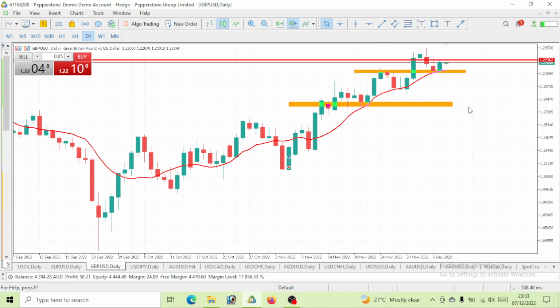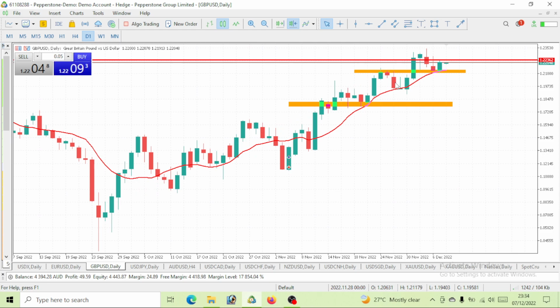Now I'm going to give you different reasons why we would take such a trade. So the first time you open your chart, you open the currency you want to trade, the first question you ask yourself is: what is the trend, what is the movement? You would see that this is a bullish move, this is an uptrend, price is going up.